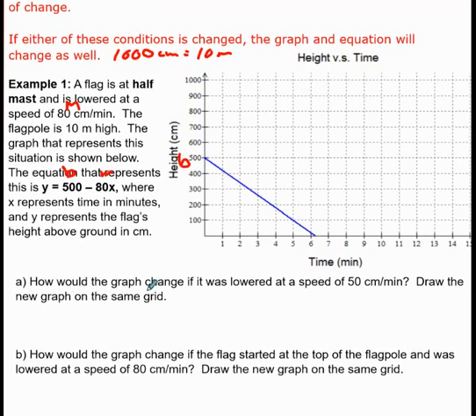So what would happen? How would the graph change if it was lowered at a speed of 50 centimeters per minute? Draw the line. Okay, so let's do a different color here for A. It didn't tell us about changing anything about the starting point, but if it started here, how would that change our rate?